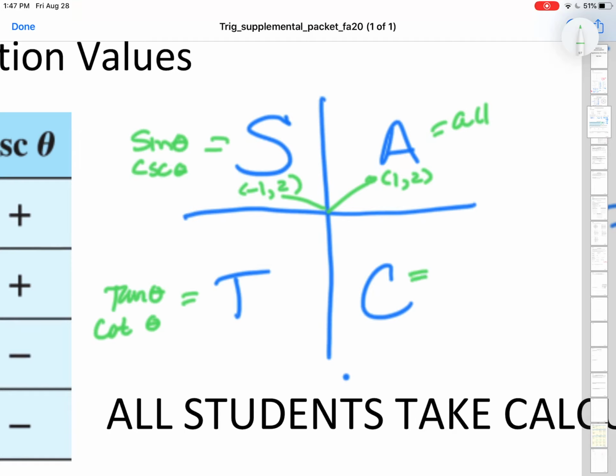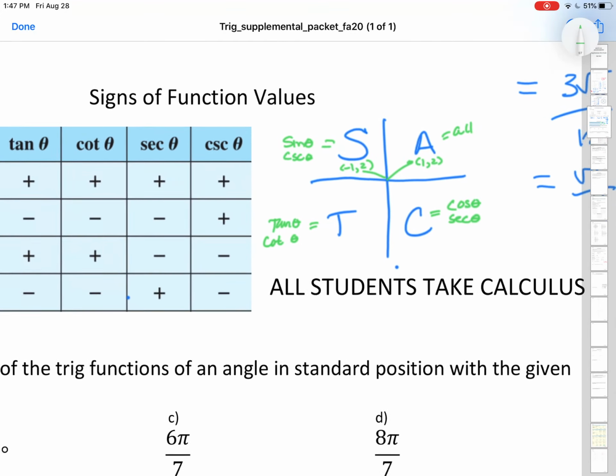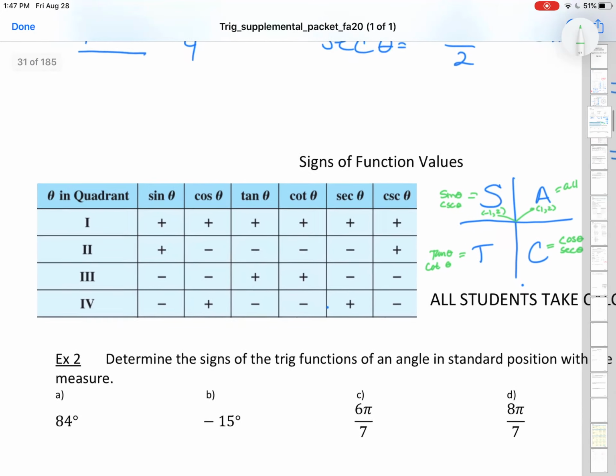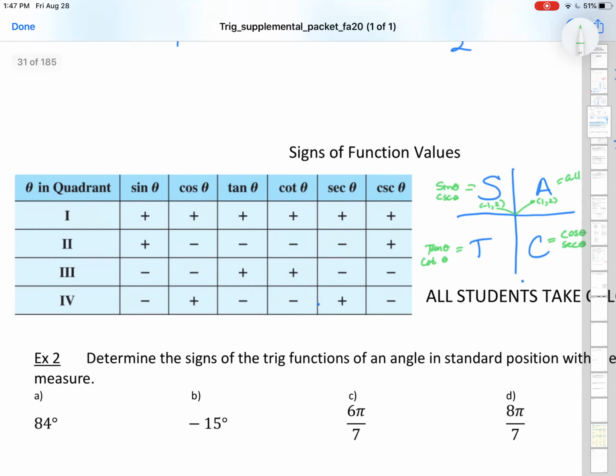And here, only cosine and its flip secant are positive in this quadrant. And so that's what you have here. Quadrant 1 is all, quadrant 2 is S, so sine and cosecant are positive. Third quadrant, T, tangent and cotangent positive. Fourth quadrant, calculus, only cosine and secant are positive.